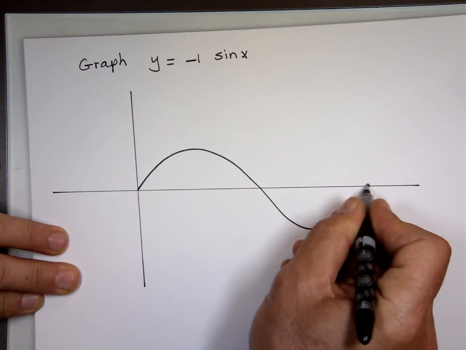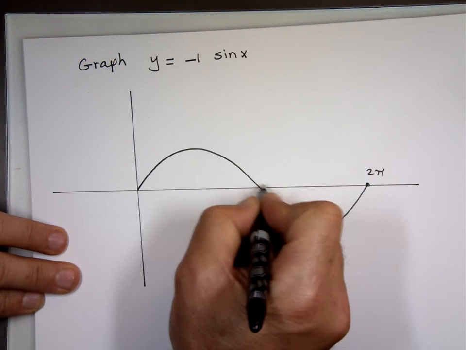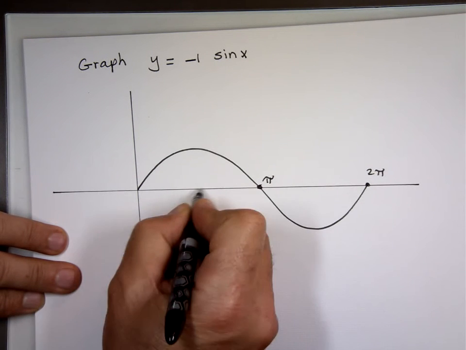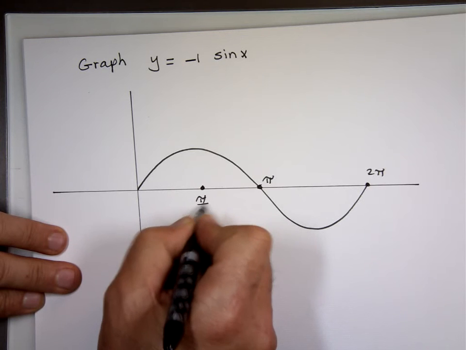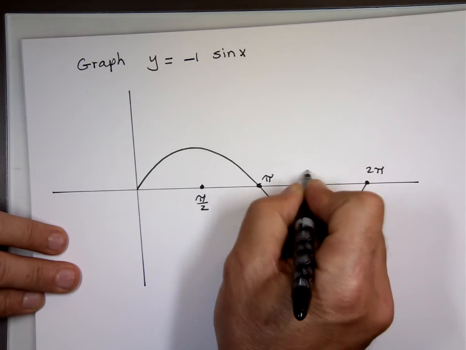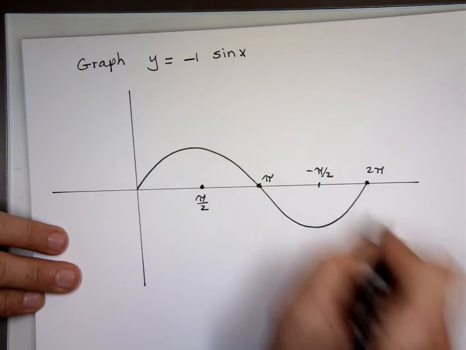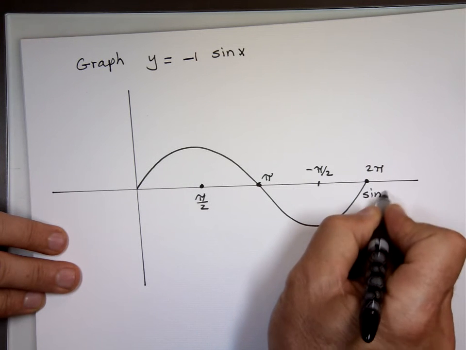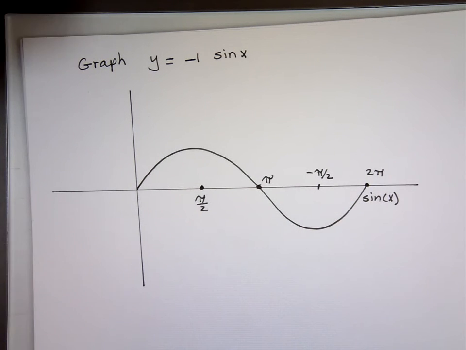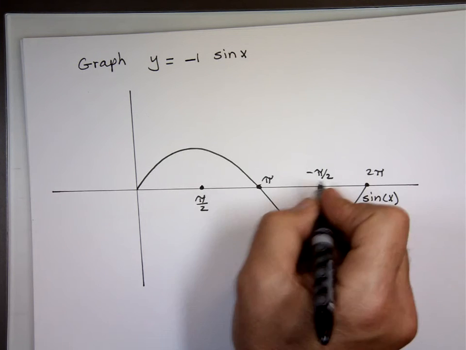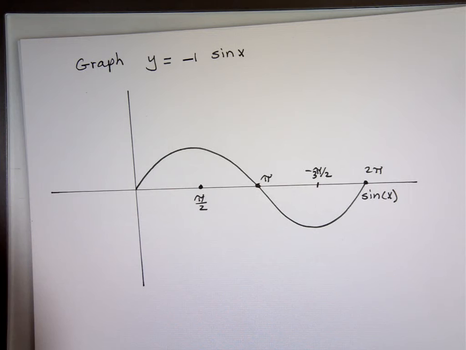Two pi, pi over 2, negative pi over 2. This is sine of x. Maybe I should do all mine in red. 3 pi over 2. Oh, what did I write? Pi over 2. What I wrote there, negative pi over 2, is still correct.